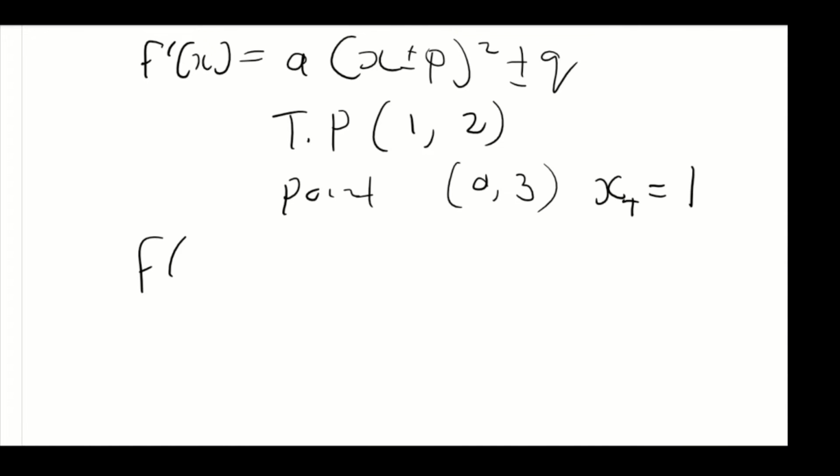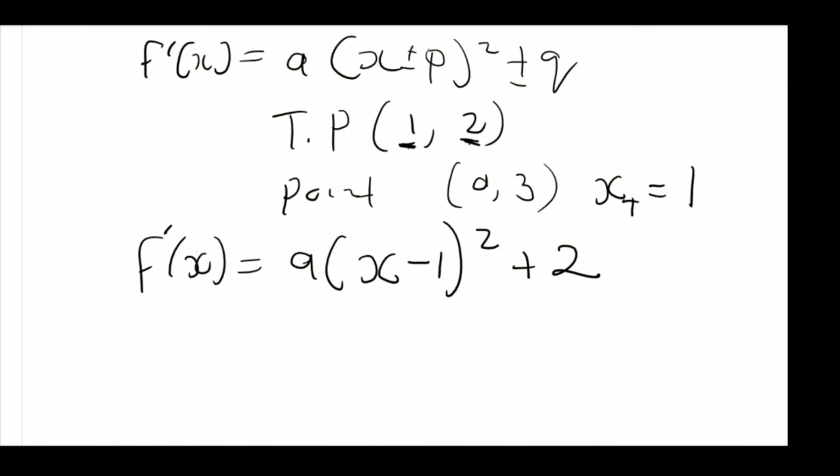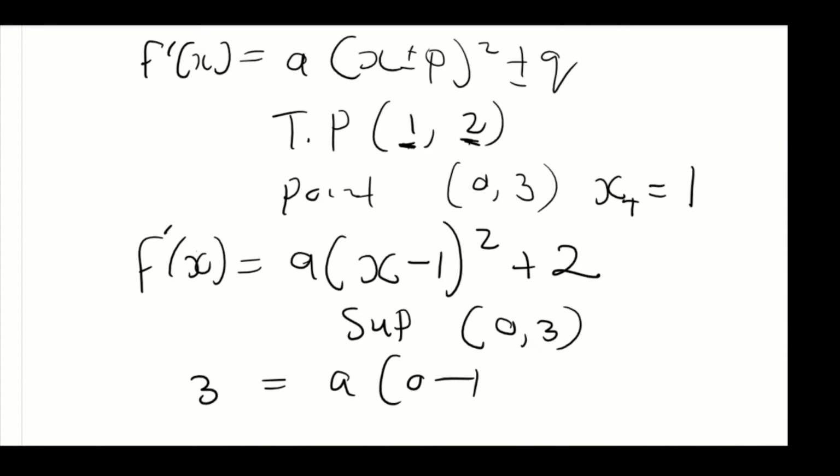So f prime of x equals a times (x minus 1) squared plus 2. Substituting the intercept (0, 3), we write 3 equals a times (0 minus 1) squared plus 2.